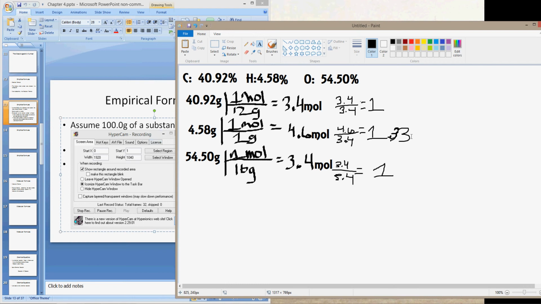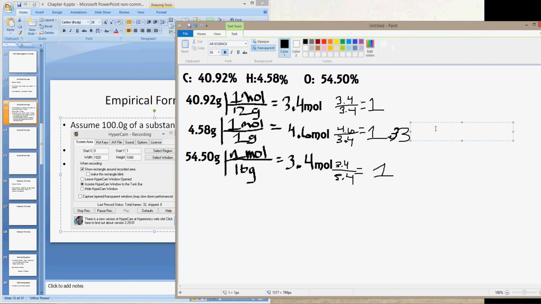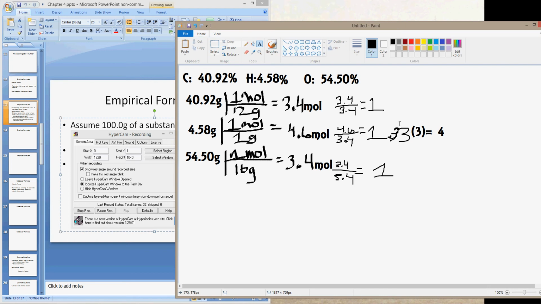See this 1.33? You can't just write the subscript as 1.3 and then like a line saying that it's going infinite, right? So what you gotta do is multiply it by a number to make it a whole number. So he chose 3, and then that equaled a number that's pretty close to 4. So he used 4.